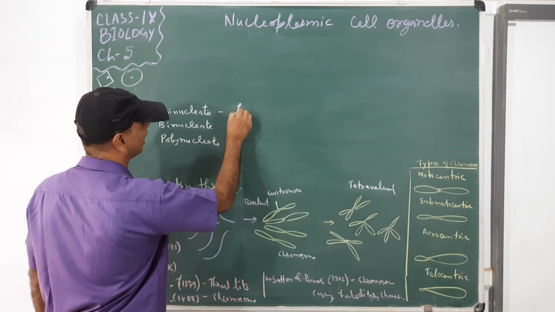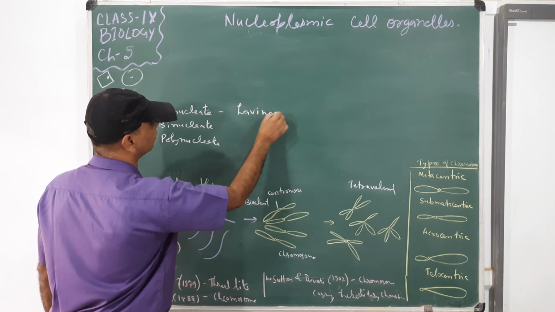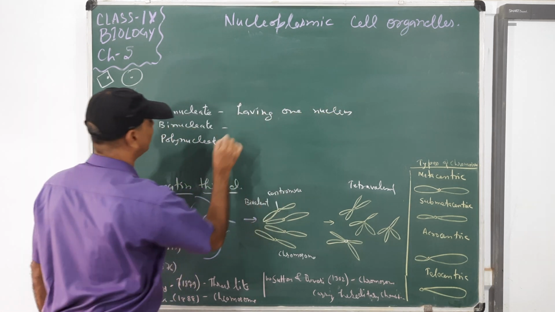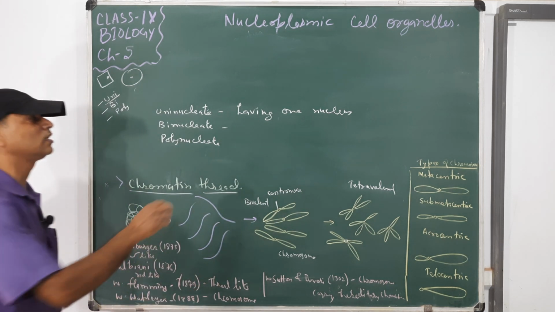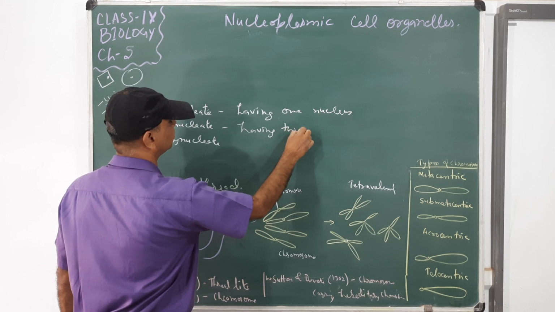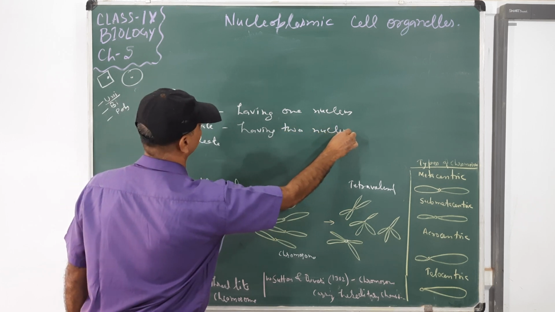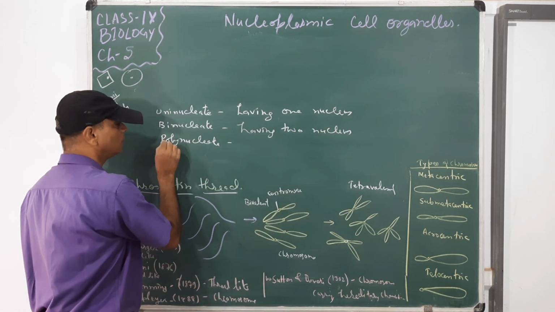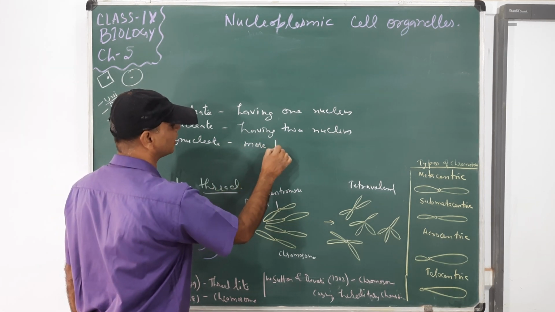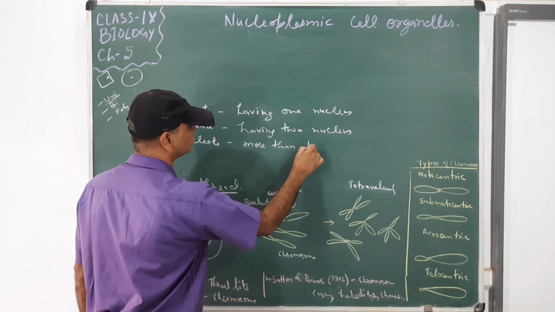Uninucleate means having one nucleus. Binucleate means having two nuclei. And polynucleate means having more than two nuclei.